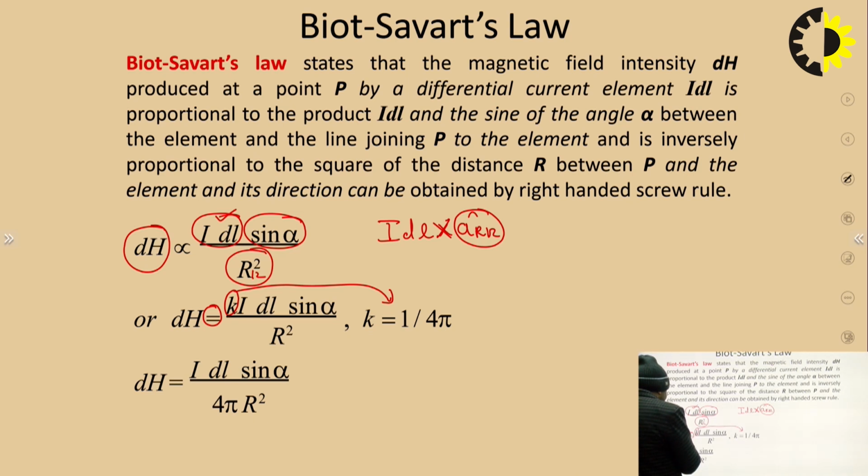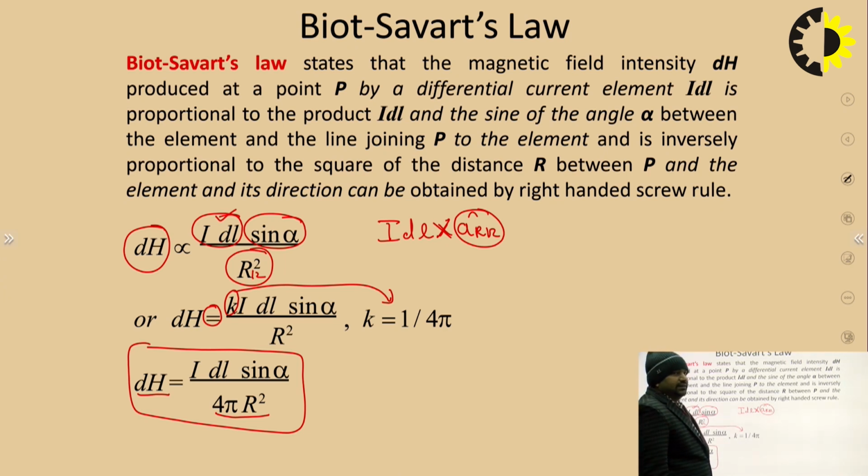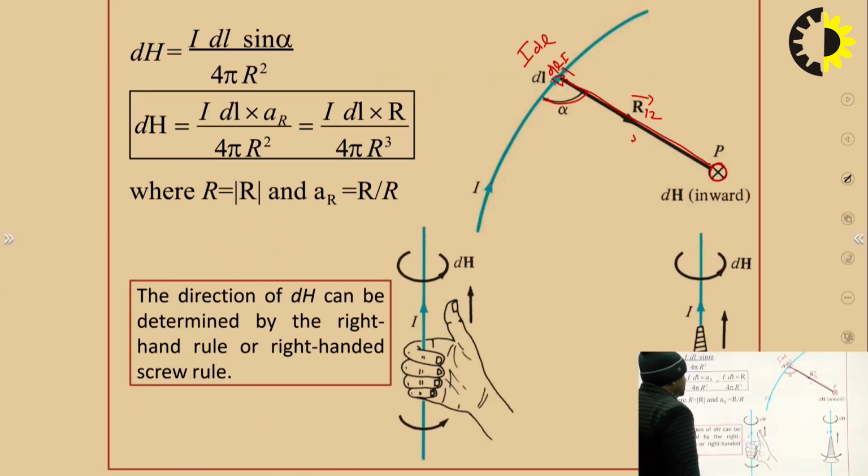So this dH, the magnetic field intensity, is equal to I dl sine alpha upon 4 pi R square in the direction of aR12. So the magnitude of that particular magnetic field intensity is calculated by this formula, and the direction of that particular magnetic field intensity is in the direction of aR12.